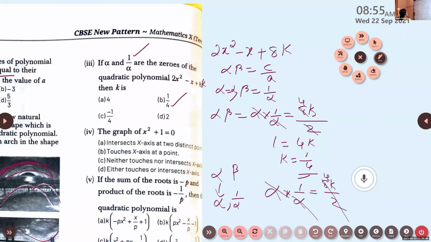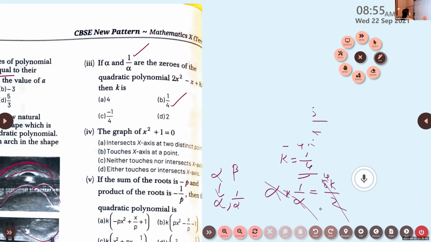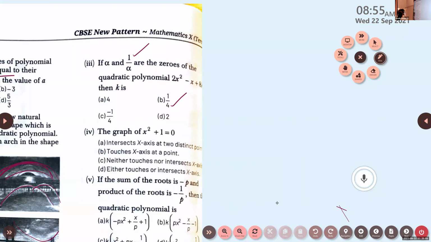Okay? Now, next question. The graph of x square plus 1 equal to 0. It is a quadratic equation, x square plus 1. How many roots will be there for a quadratic equation? 2 roots, since the degree is 2, it has 2 roots.